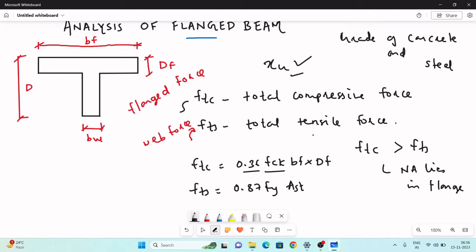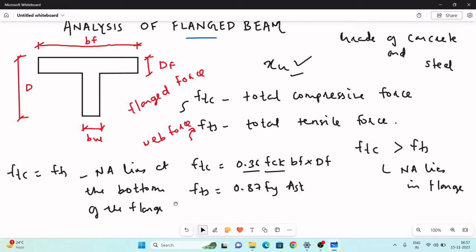When the neutral axis lies in the flange, analysis becomes very easy. Now, if FTC equals FTS, the neutral axis lies at the junction between the flange and the web, means it lies just below the flange. The neutral axis lies at the bottom of the flange.